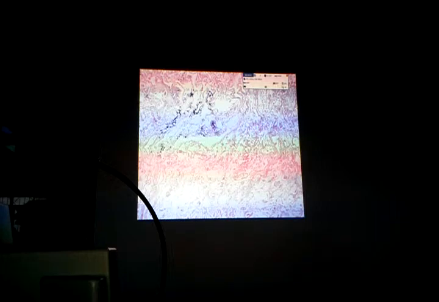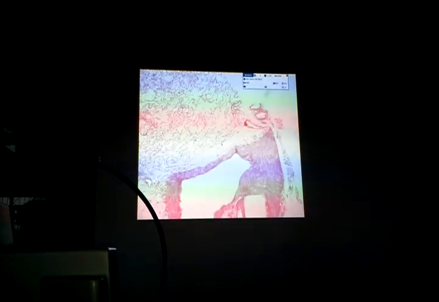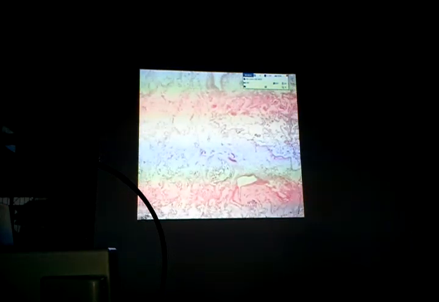Our next slide, number 136, is diagnosed as bronchiectasis. The problem in bronchiectasis is in what component of the lungs or the respiratory tract?